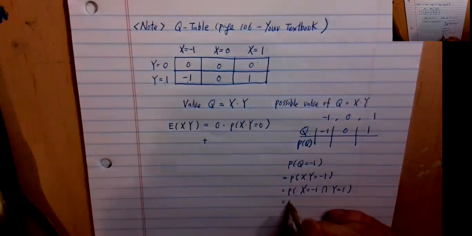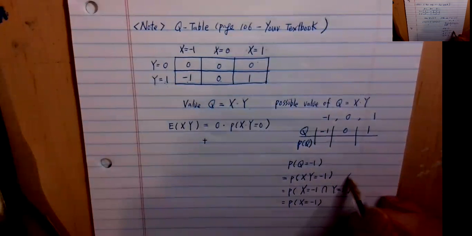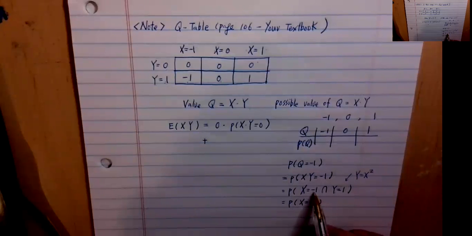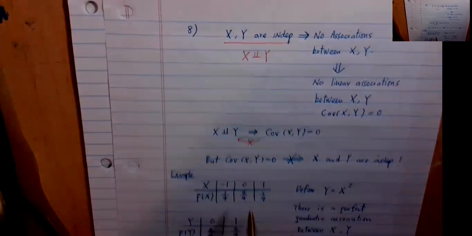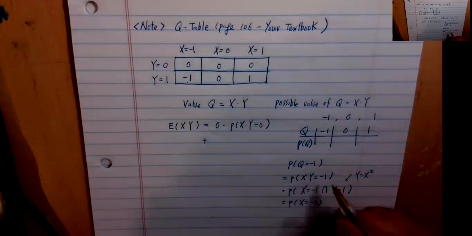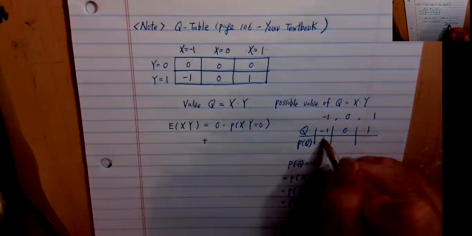And that is just the probability X equals -1, since Y is equal to X squared. When X is -1, X squared must be 1. So this is just X equal to -1, and the chance is 1 over 4.